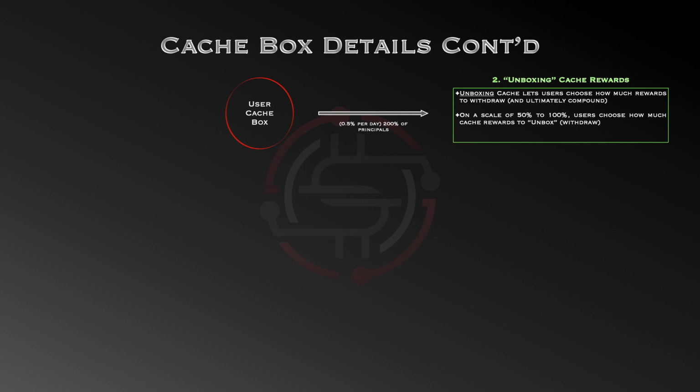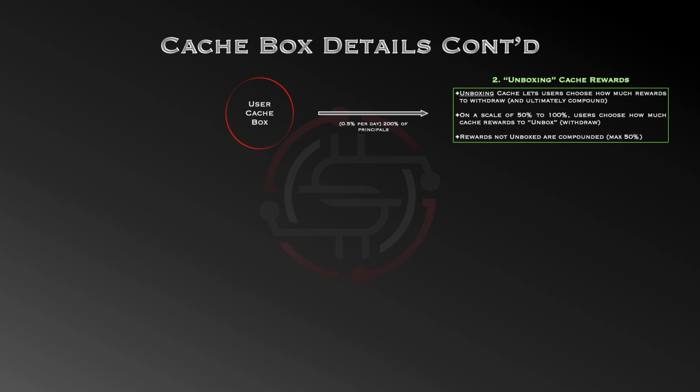A minimum of 50% and a maximum of 100% of users' cash rewards needs to be unboxed or withdrawn. Any percentage of unboxed cash rewards that's not withdrawn is automatically compounded for the user. So a maximum a user can compound is 50% of their Cashbox rewards.